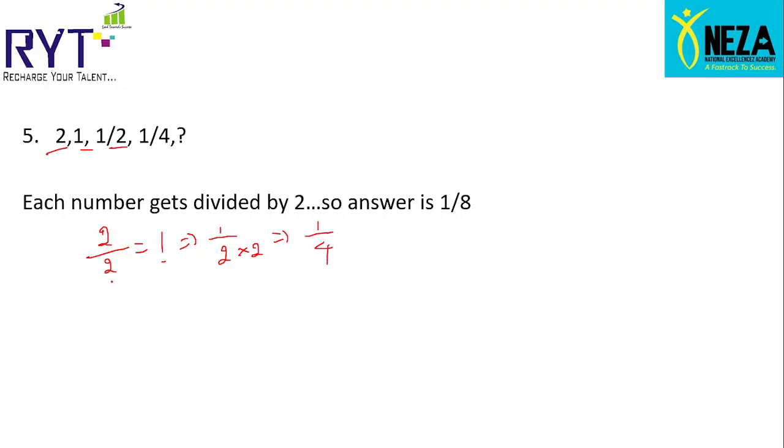We got the logic. The denominator is getting divided by 2, or so to say, the denominator is 2, 4, 8. Okay, 1 by 8 is the correct answer.